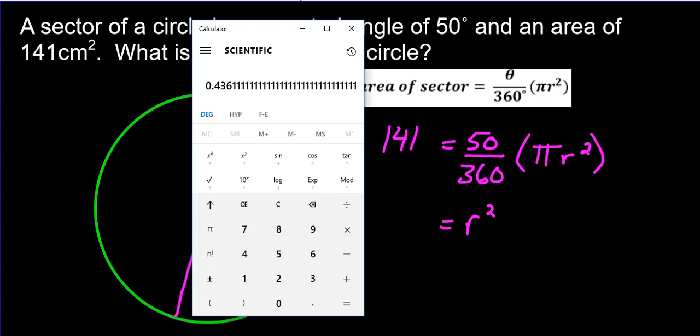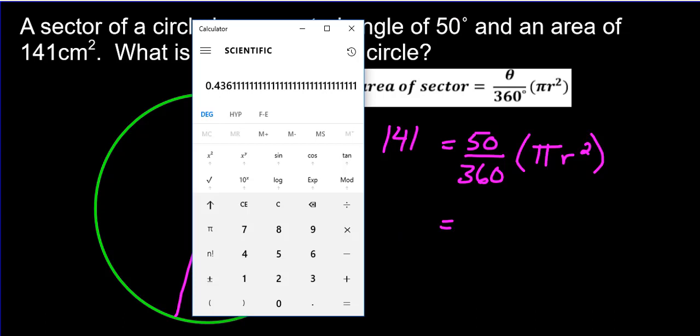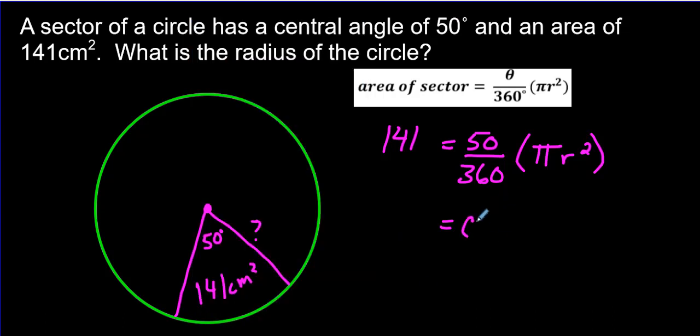I don't know if I should show you the steps because I'm assuming you already know those steps, but sometimes people just don't know, so I might as well quickly show you. The answer was 0.4361. And then we still have our squared there, and we still have 141.